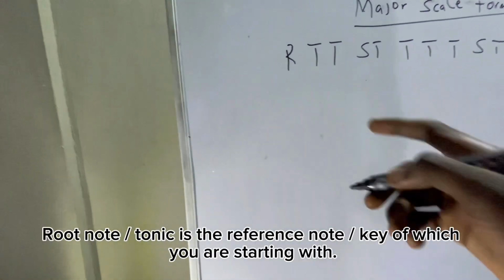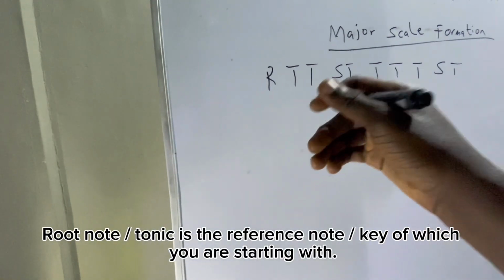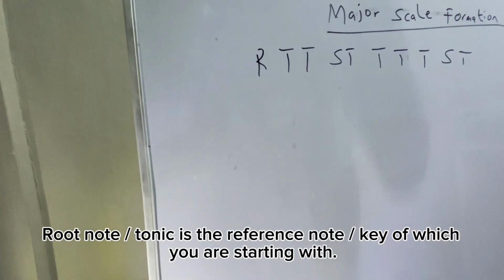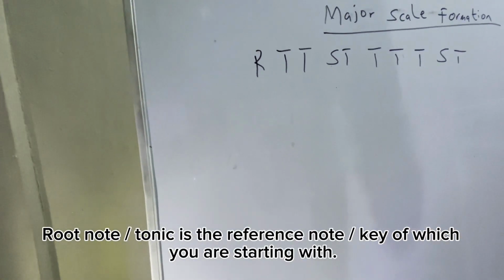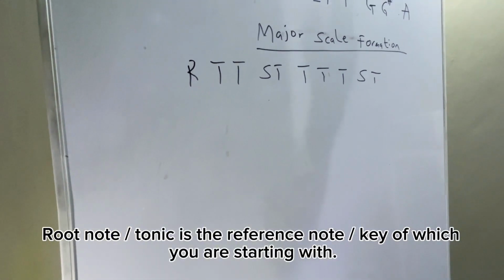The root note, for the sake of those who don't know, is the key that you are starting with, the key that you have been asked to find the major scale from.